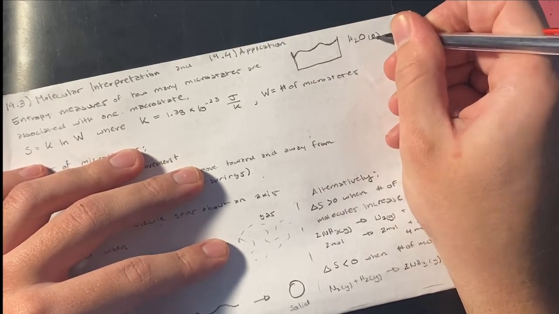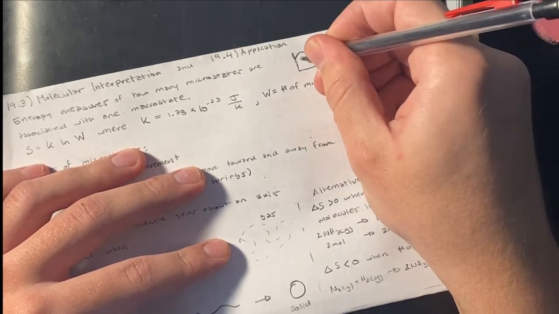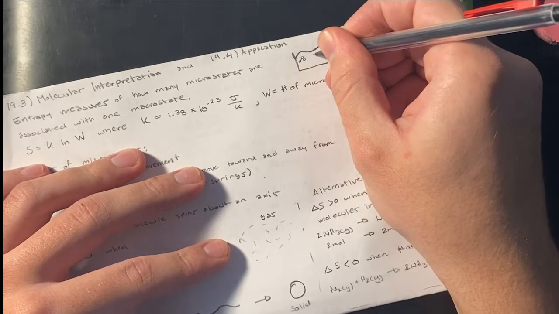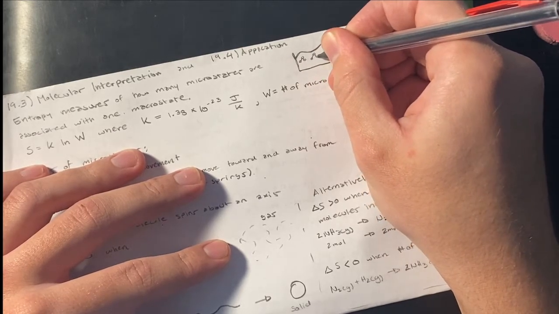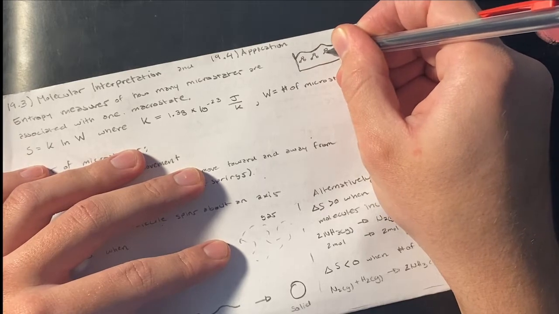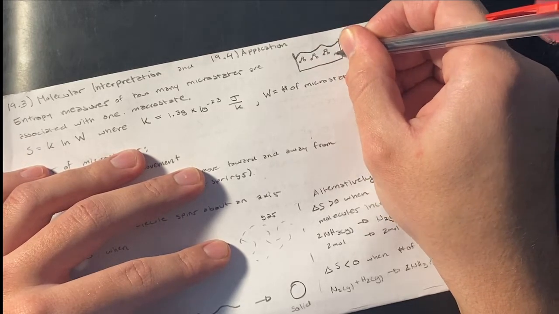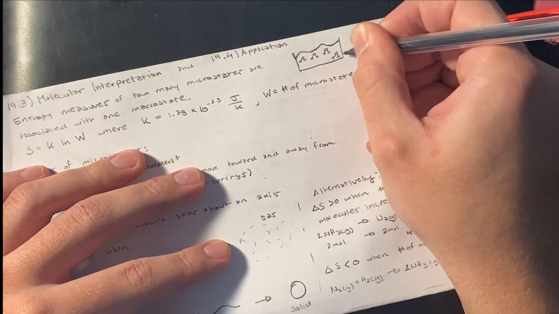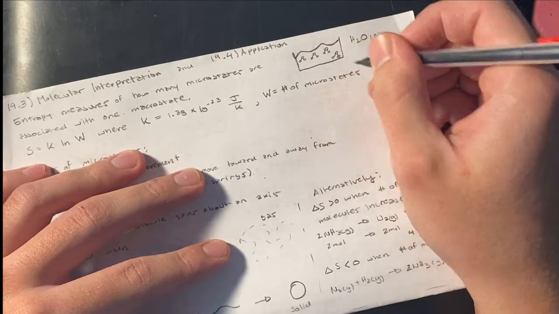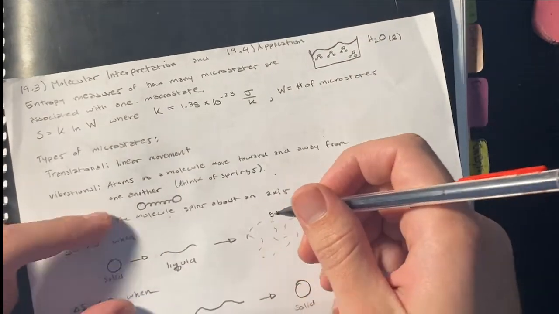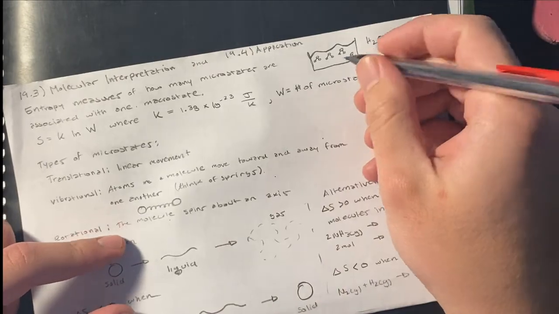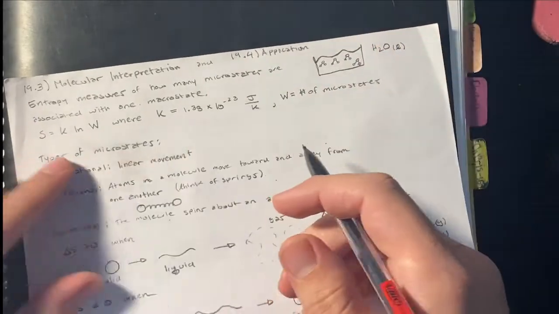The microstate, however, there are individual molecules inside of this water that are actively acting as to how this water is going to behave, whether it's going to be a gas or more solid-like. So in order to calculate this, there is a way.